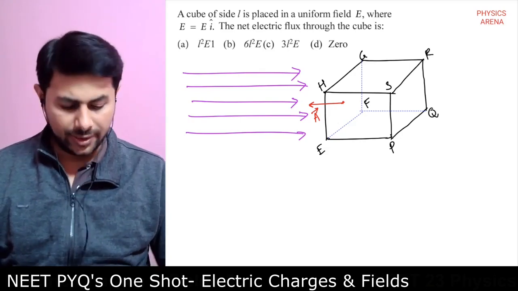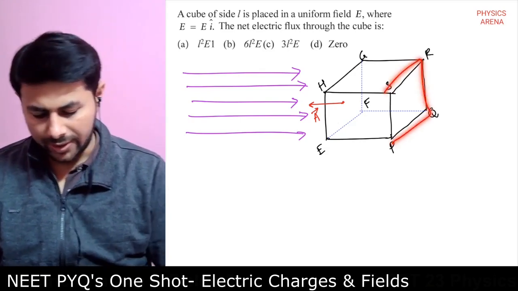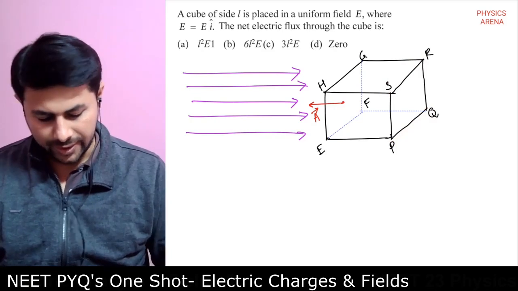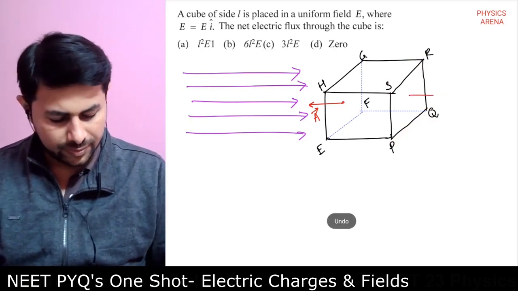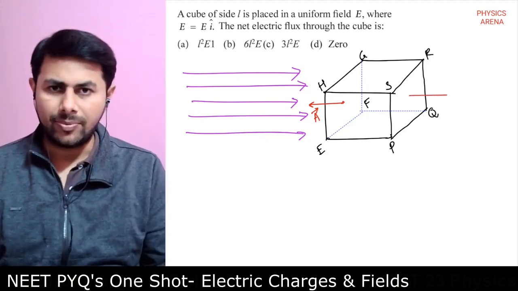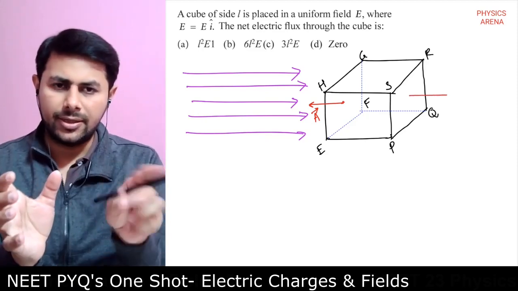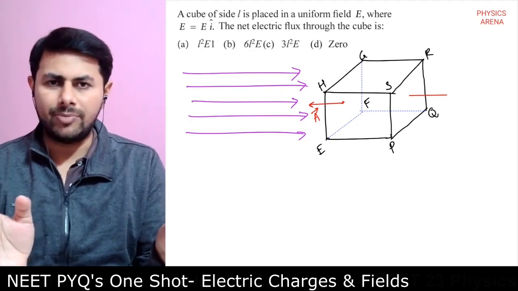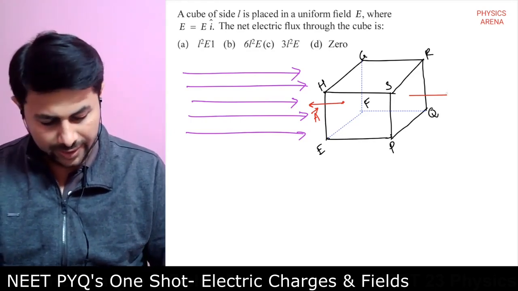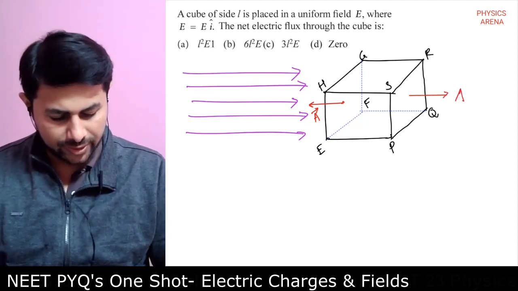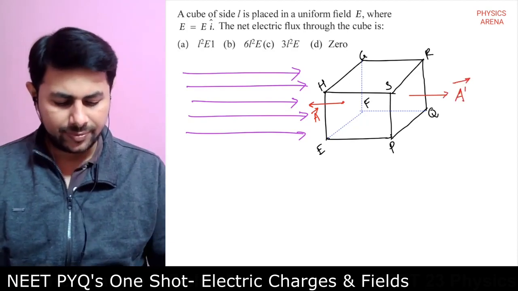And for this area PQRS, the area vector will be directed like this, outwards from the plane of area. It is a closed surface, so the area vector is directed outwards. Let's call this A dash bar.